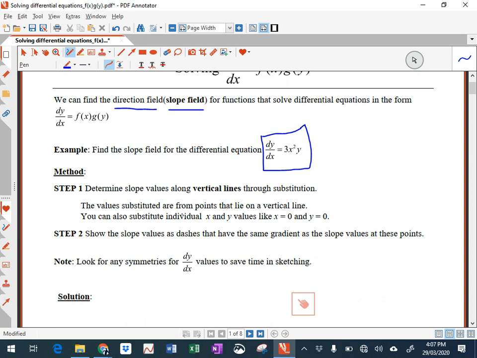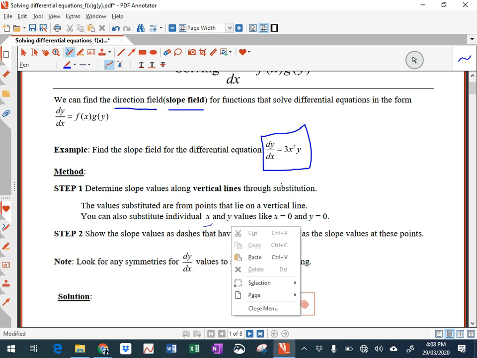Well, basically, you put in x and y values which correspond to individual points. So, for example, you could put in x equals 1, y equals 1 because that corresponds to an individual point. Or you could substitute in particular x and y values, depending on the case.